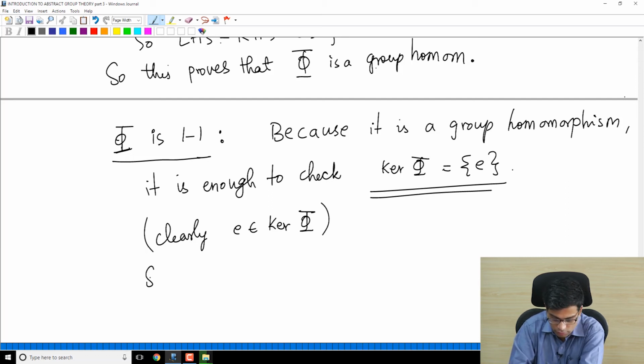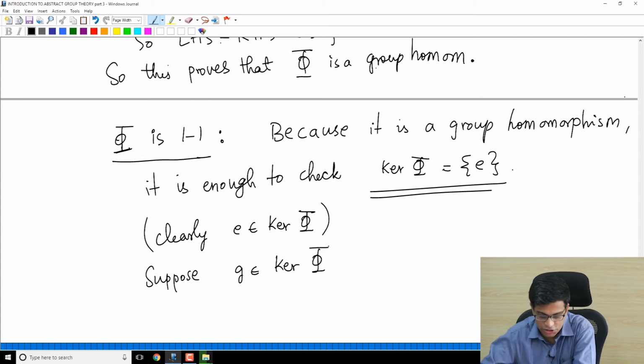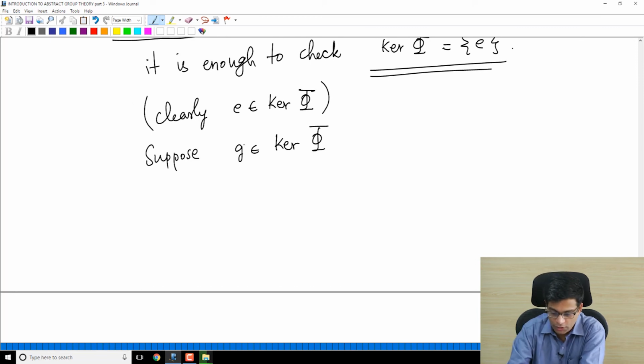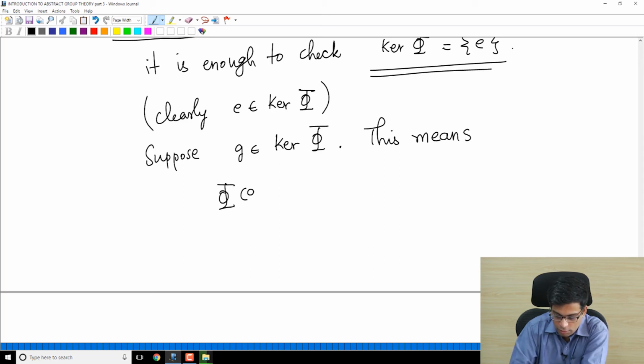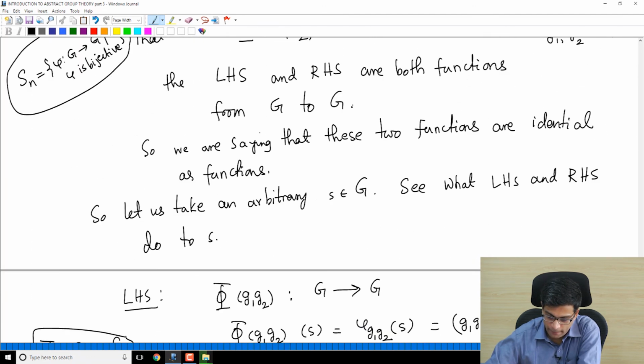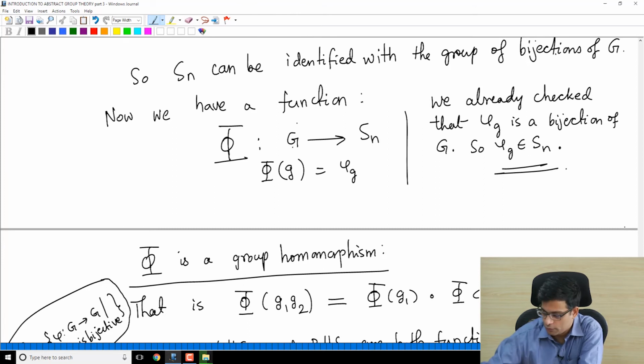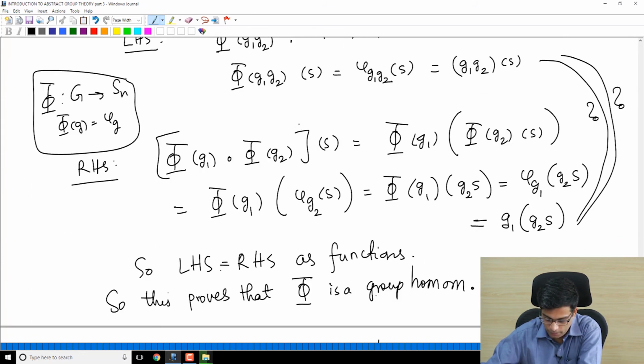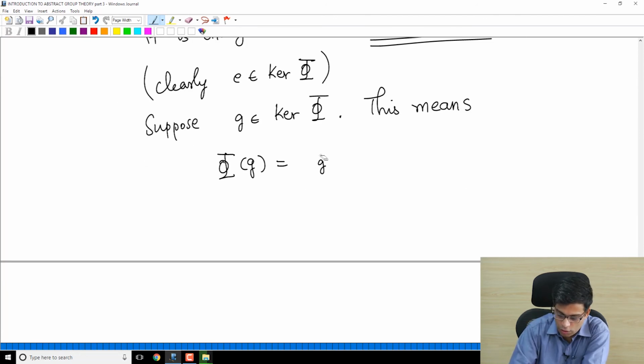So suppose g belongs to kernel phi. Kernel phi is a subgroup of capital G. Let's take a small g in it. This means capital phi of g, which is small phi of g, remember, capital phi of g is defined to be small phi sub g. So small g is in the kernel means its image is the identity element of Sn.